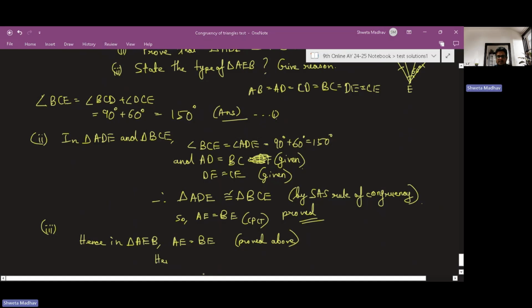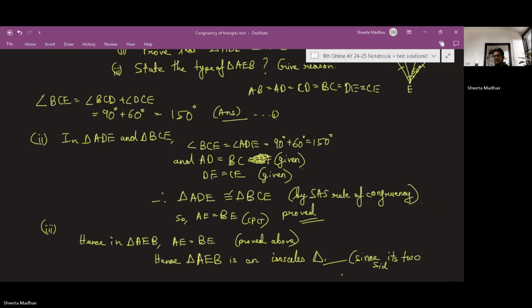So hence triangle AEB is an isosceles triangle, since its two sides are equal.